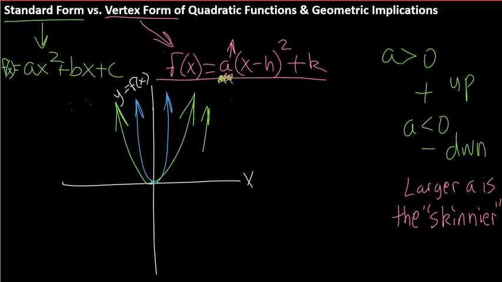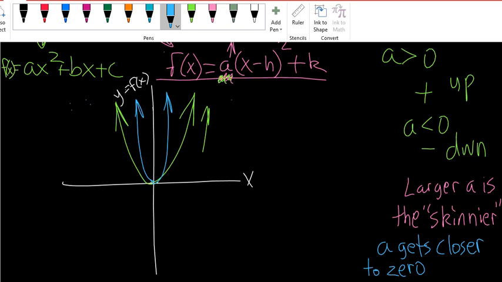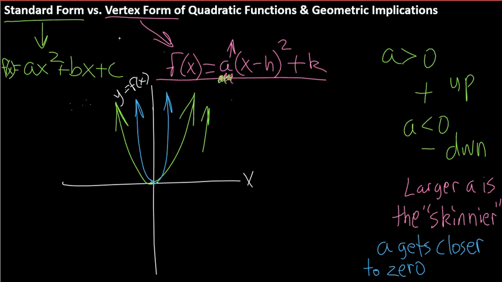Okay, so it would get skinnier, right? As a gets larger. As a gets closer to 0, our graph gets wider. And I'll use a different color here.